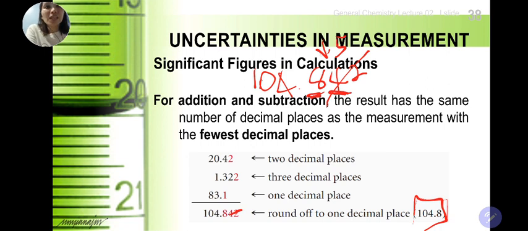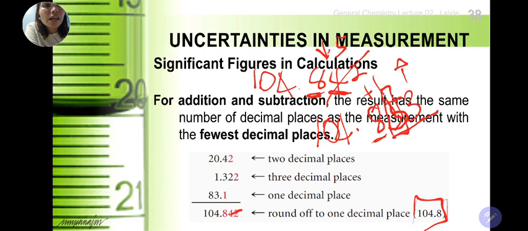Di ba meron tayong rule na ganyan sa rounding of numbers? Please review yung rules also in rounding of numbers. For example, nagkataon na yung i-round off natin is 104.853. Etong dalawa yung tatanggalin natin. Yung unang tatanggalin natin na malapit dito sa matitira is 5. Ang rule sa rounding of numbers, kapag 5 and above, kailangan mag-plus 1 tayo dito sa matitira natin. So, this will be 104.9.